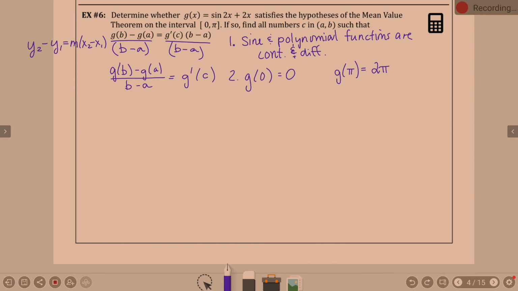Because now, with piece 3, this is where we're looking at secant line and tangent line. One thing I would go ahead and find: what is g prime of x? What is the derivative function?